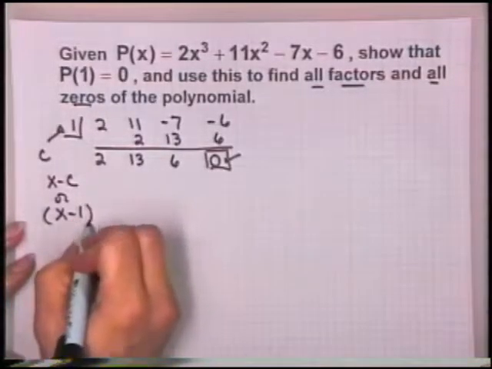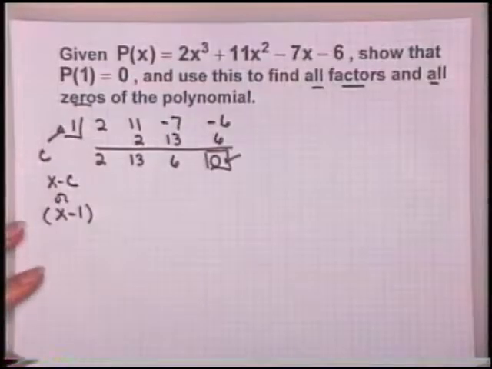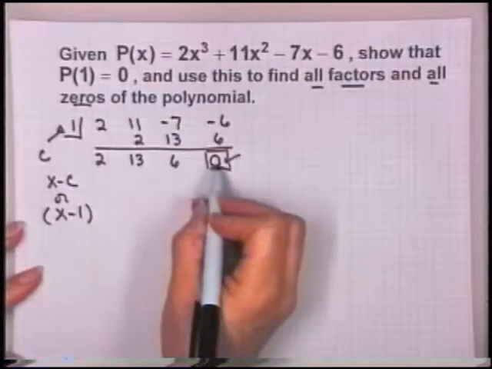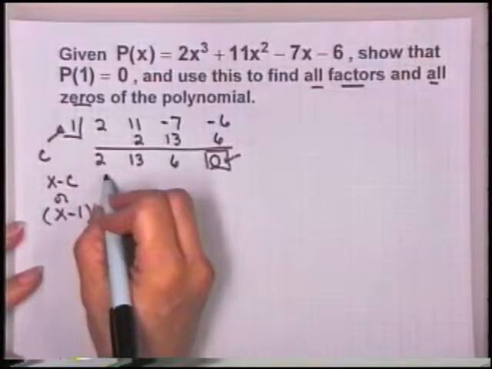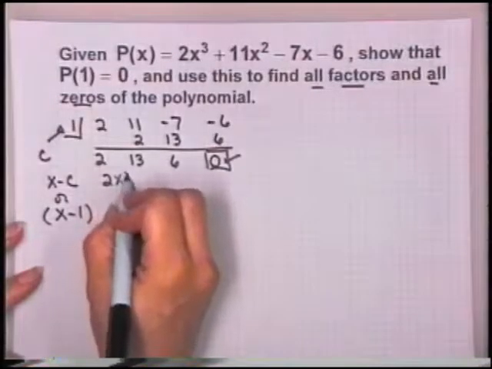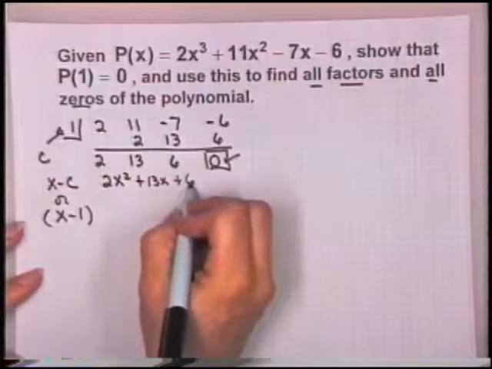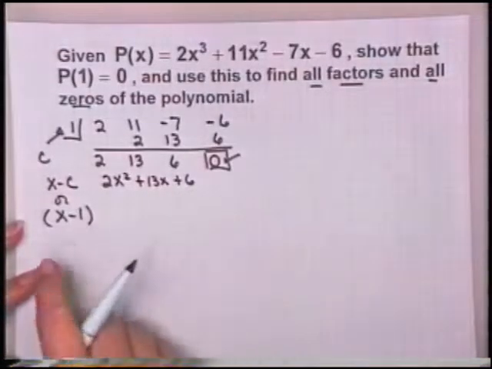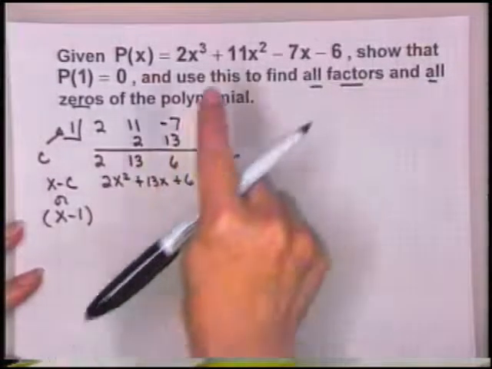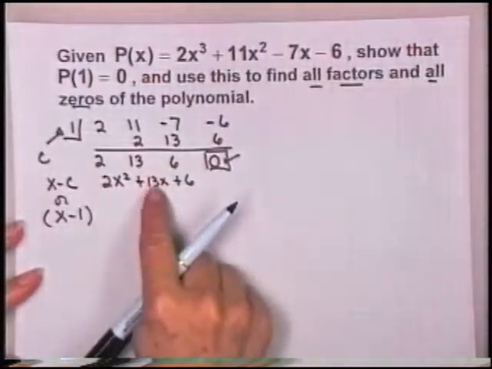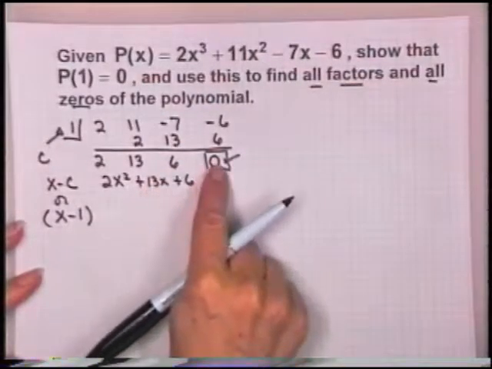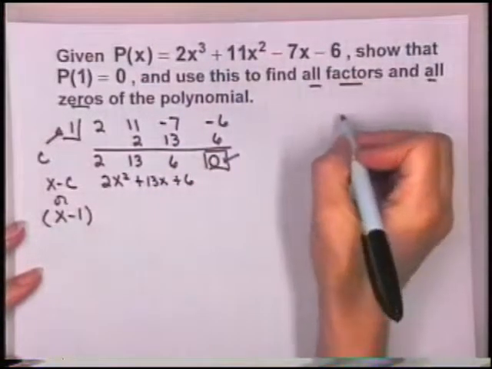X minus 1 is a factor of this polynomial. Now, let's look at my quotient. I know my remainder is 0. My quotient would be 2x squared plus 13x plus 6, wouldn't it? We're saying when we divide x minus 1 into this polynomial, we get this quotient with a 0 remainder.